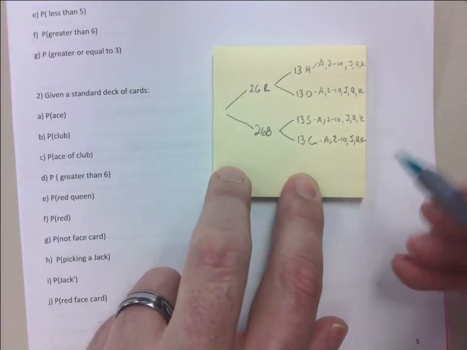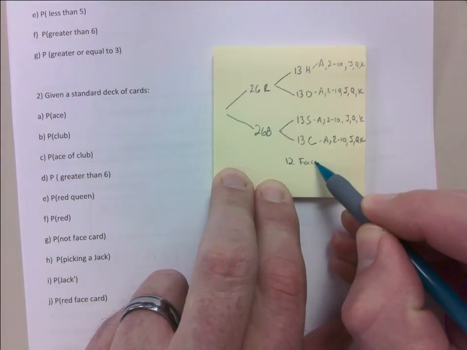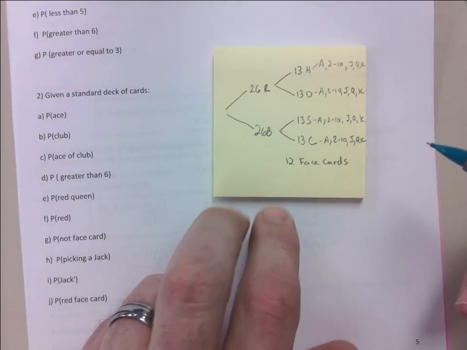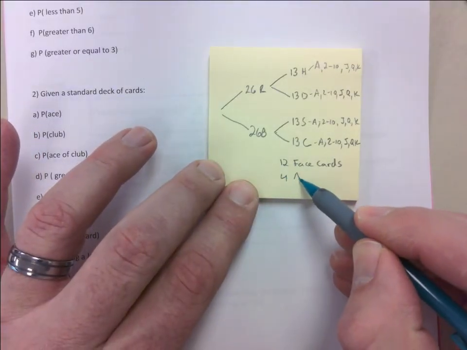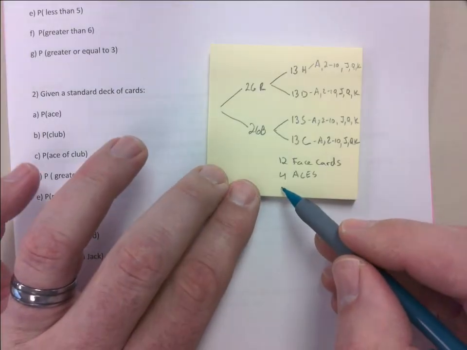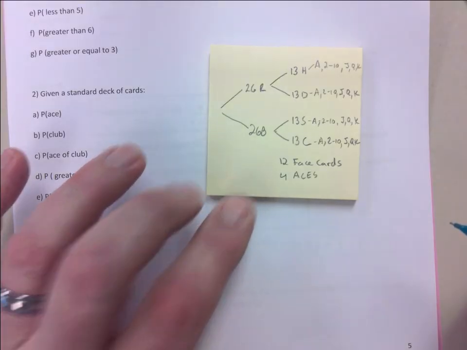You should make sure that you have 12 face cards. There are 4 aces. How many numbered cards are there?